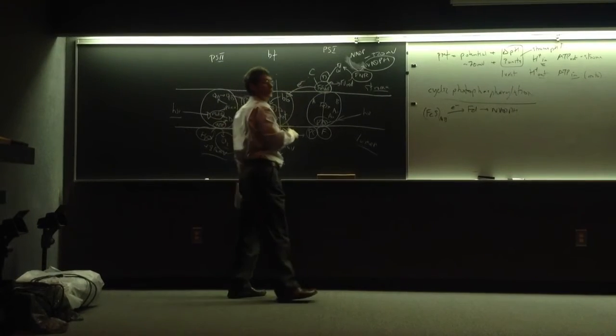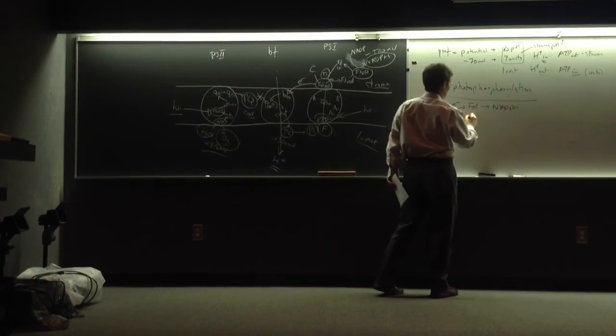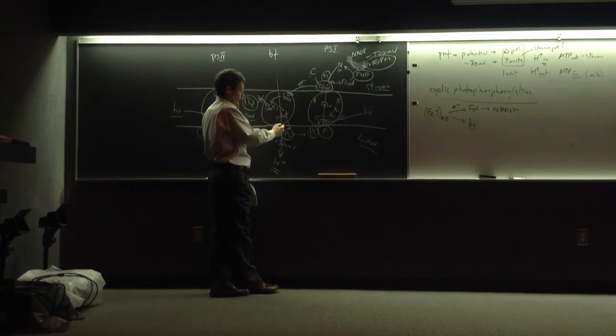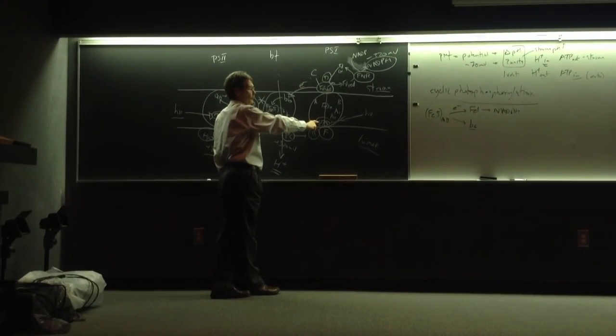But in this case, we put some back into b6. So then it flows through back to photosystem 1.